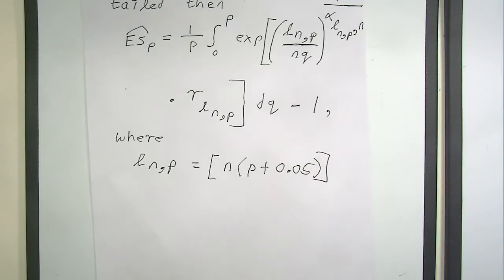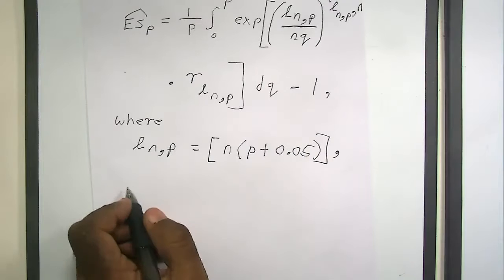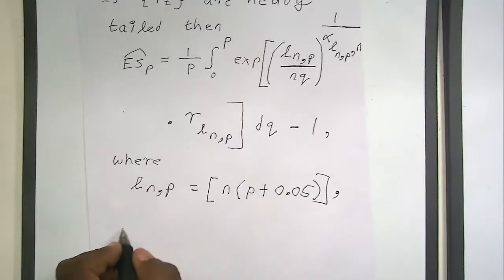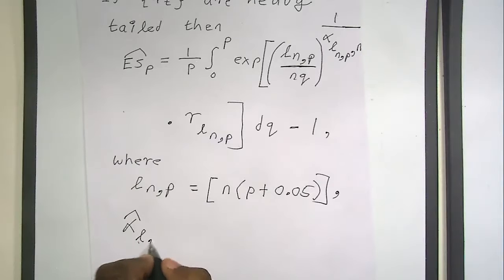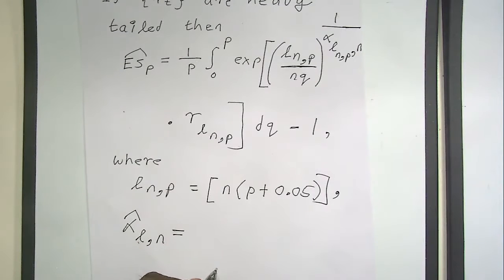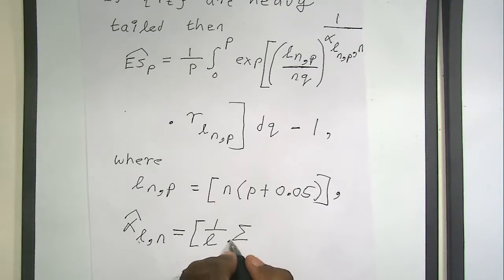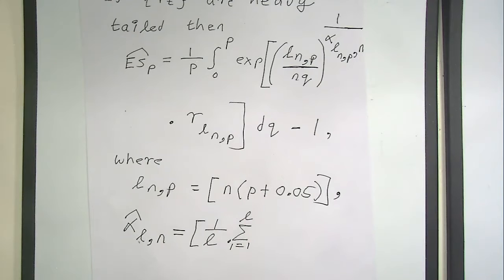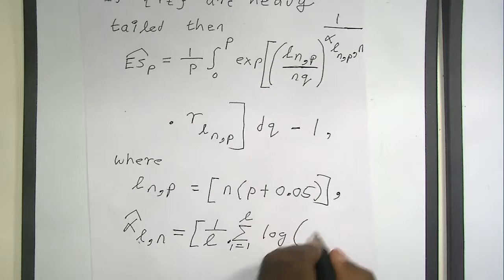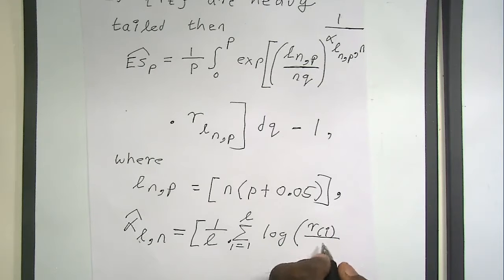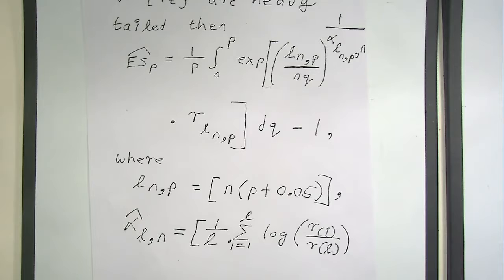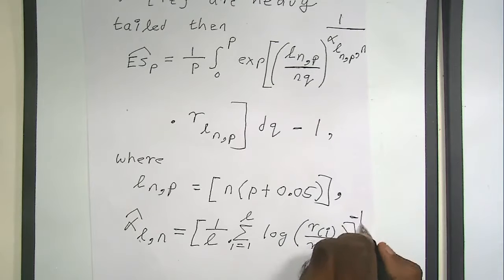And alpha hat Ln is equal to the following: 1 divided by L, the summation over i from 1 to L of log of R i over R L, in brackets, and then take minus 1.